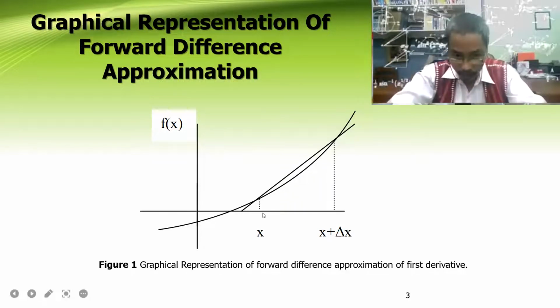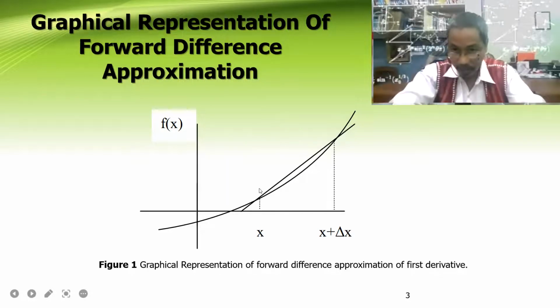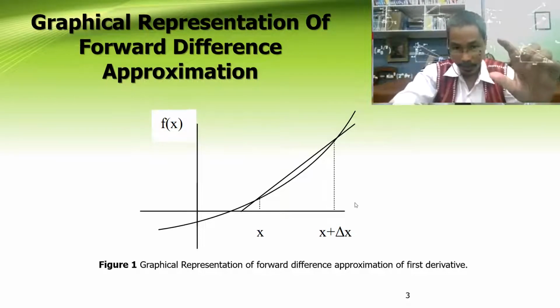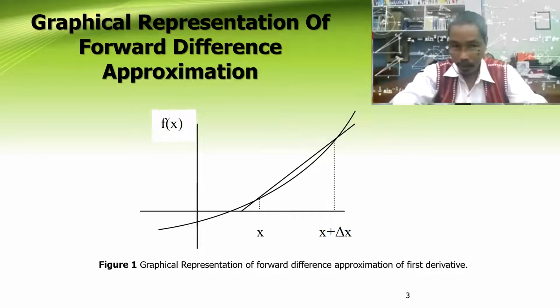And that amount is this one, from this point to that point. So this height is actually our f(x). And if I ask you, what is the value of f(x plus delta x)?